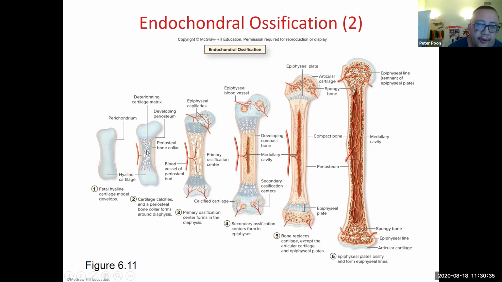They also form a collar around the cartilage. They go from forming a perichondrium to forming a periosteum.